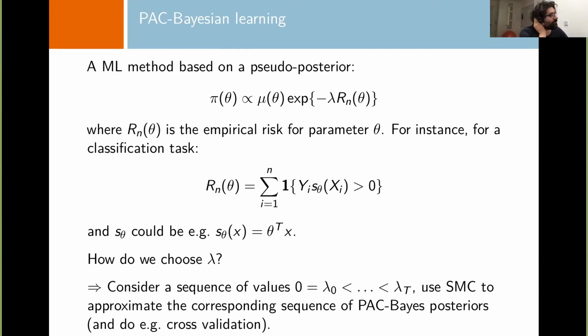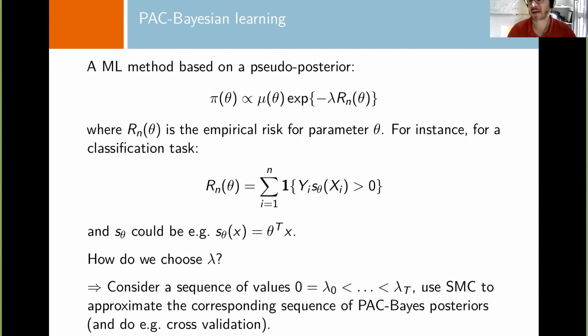Nicolas, sorry, I have two quick questions on the slide. You don't renormalize your empirical risk by n, so you integrate in the lambda the effect of the sample size. Is that right? Yes, maybe. No, you could divide R_n by n, and then it will change the values of lambda you will consider. I'm asking because in SMC settings, typically you would assume that the sample size is fixed, right? So we do not try to be adaptive with respect to n changing very much.